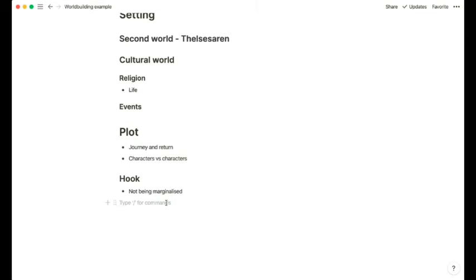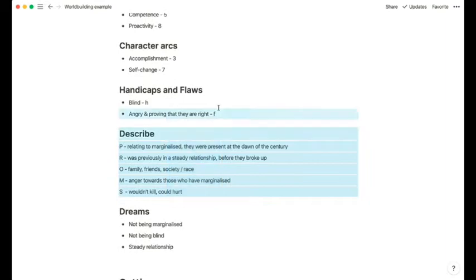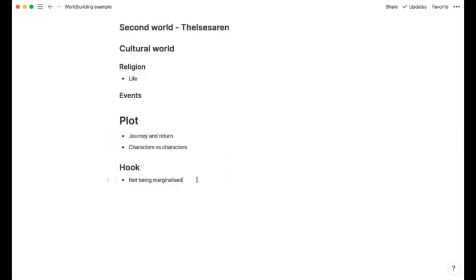And so you need to think about working around the hook without overloading the hook with a whole bunch of information about the characters. This is why it's good to just get a basic idea of the characters before you do a creation sheet where you answer a whole bunch of different questions about the character, like what's their favorite food?